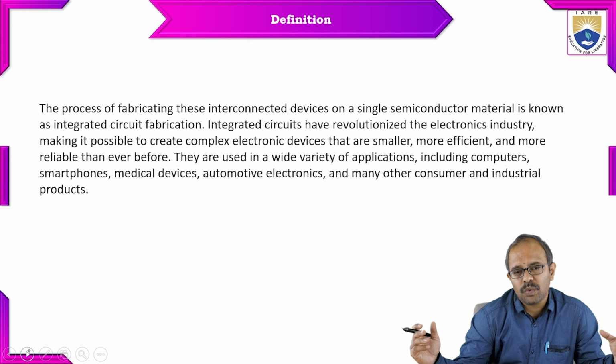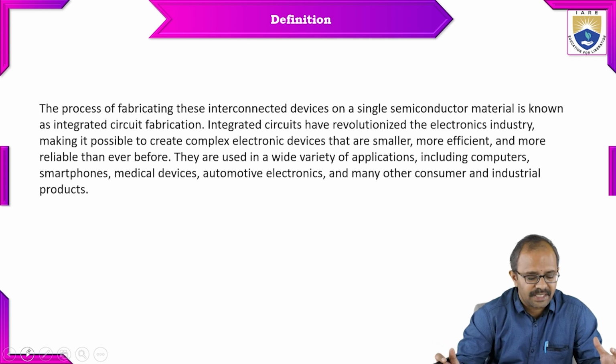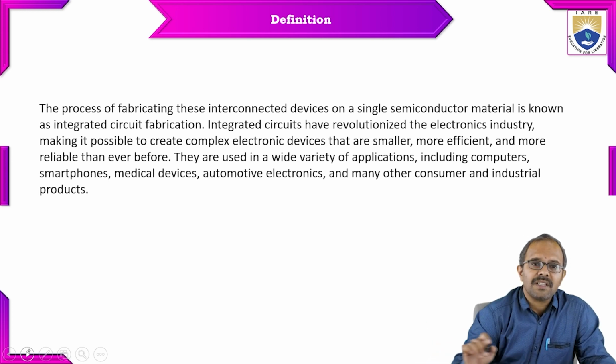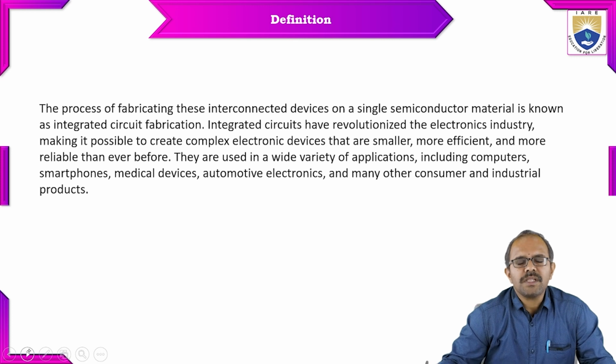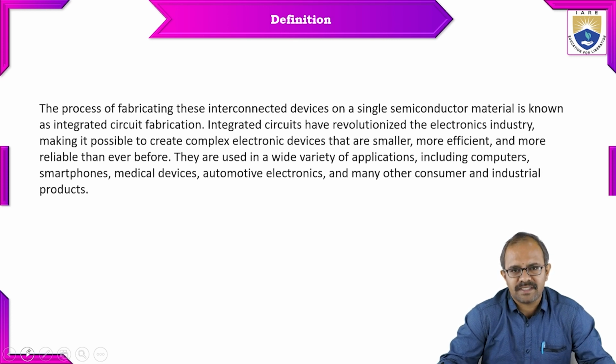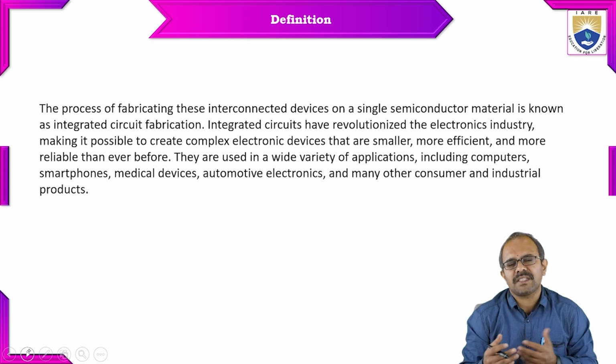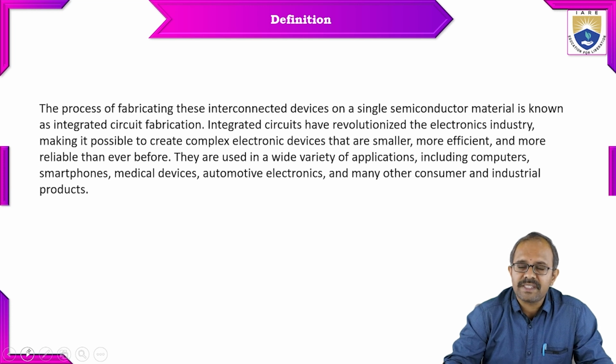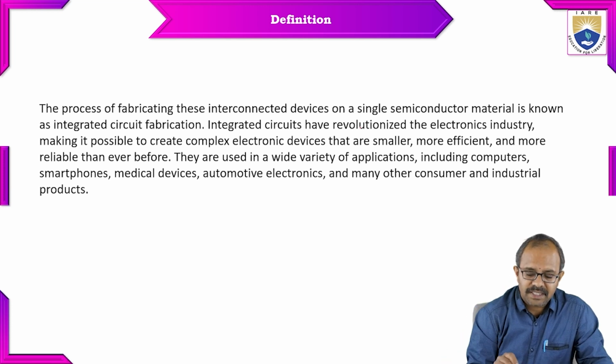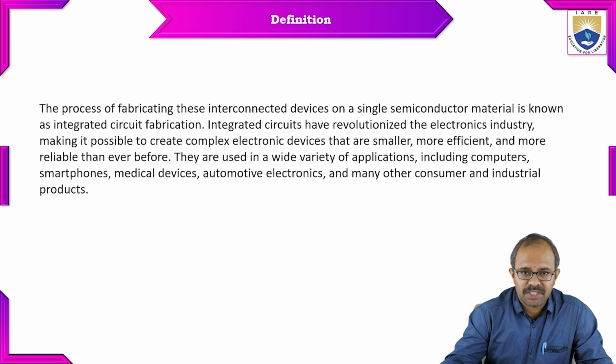Further, if you investigate more about the IC, you can see the process of fabricating these ICs. That means how we integrate these semiconductor devices for a specific application on a single platform. This complete process is nothing but the fabrication of ICs, and integrating them on a single semiconductor material is known as IC fabrication.